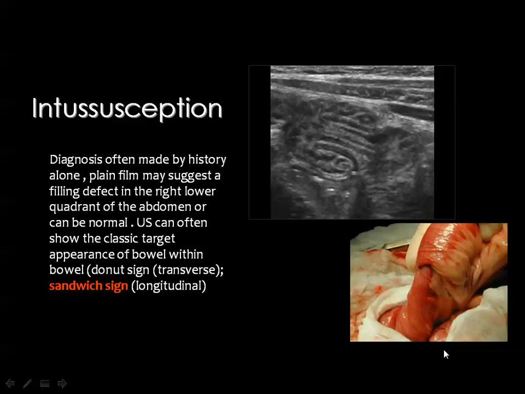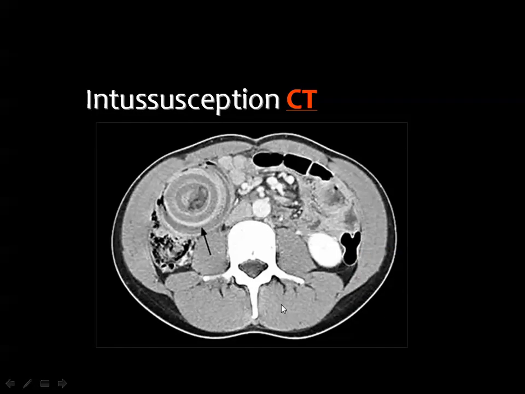And this is an intussusception showing what is known as the sandwich sign, with the telescoped bowel loop into the adjacent one, almost similar to this surgical appearance. This is the classic appearance of intussusception by CT, multiple whirly-like appearance or the target sign.